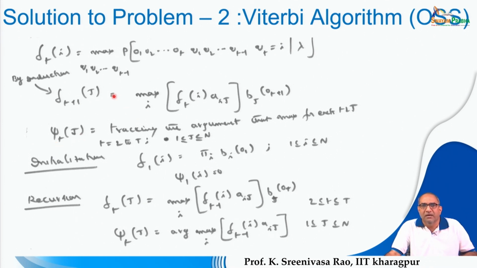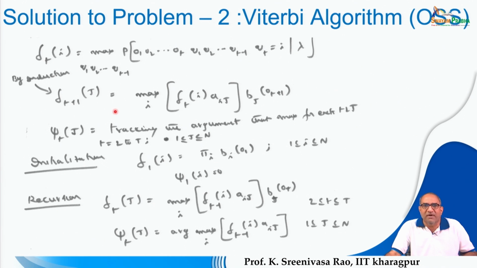For the state j at time t plus 1, what is the maximum probable preceding state to reach the state j, and for that we are computing delta t of i into a i j, and from this there are n different possibilities. Out of that, whatever is the maximum of this product, from that particular state it has to reach the state j at time t plus 1, right.